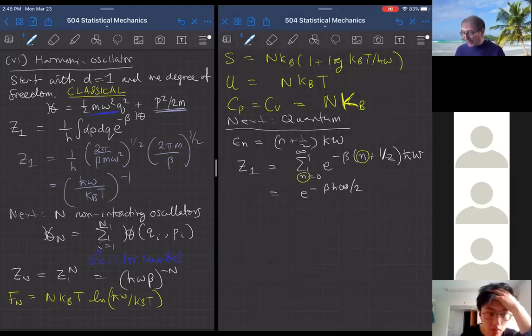That comes from the zero-point energy, and then summing up the rest of the series just gives you 1 over 1 minus the term that is being summed. Okay, so that's the partition function for one oscillator. So now what happens when we have n of them? Well, it's just Z1 to the nth power.